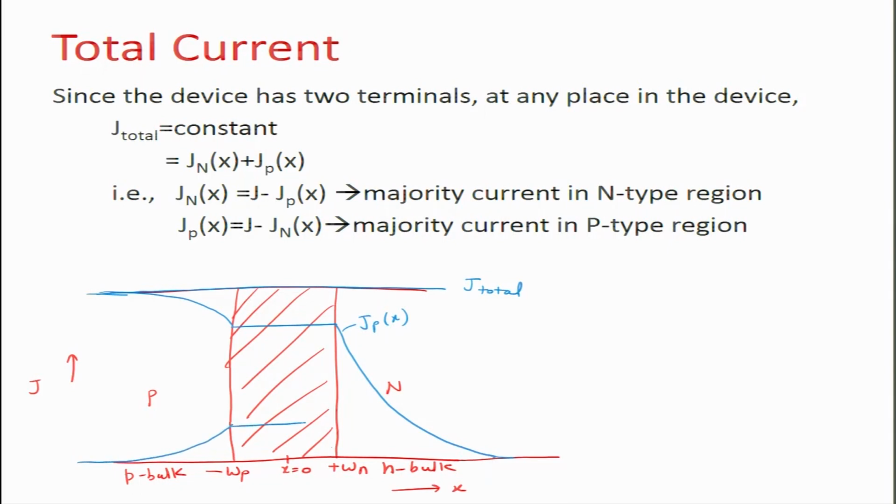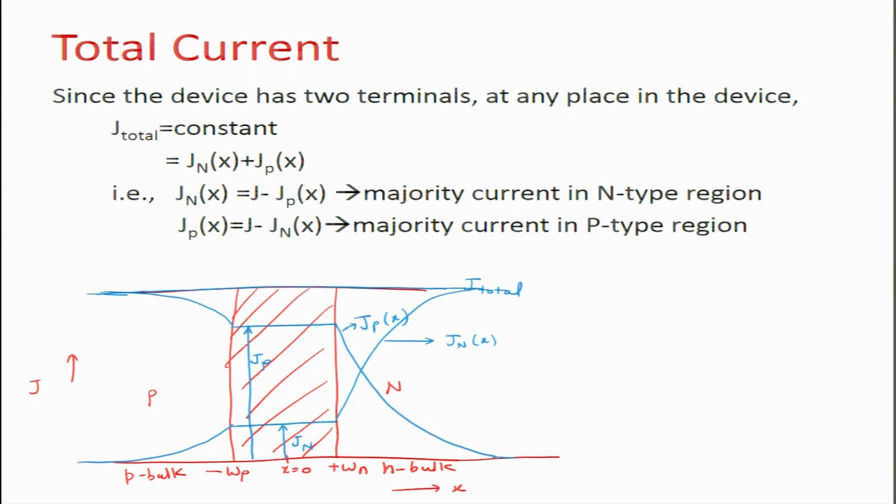So this is just a schematic variation, and this goes as something like this. This would be JNX and this would be JPX. So basically within this region this is JN and this would be JP.